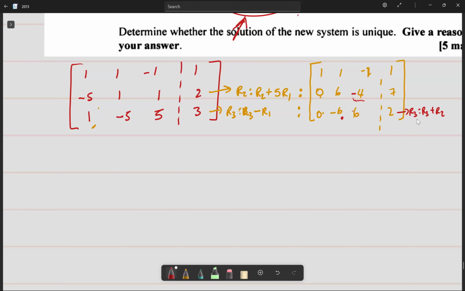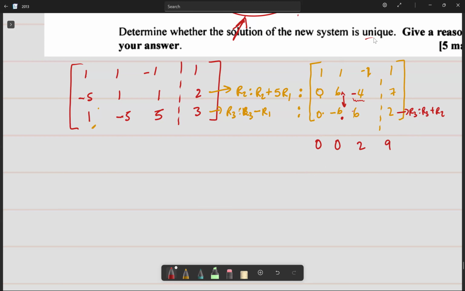So row 3 is going to be the addition of row 2 and row 3 together. Why? Because if we add row 3 and row 2 together, this is going to give us 0. So row 3 is going to become 0, 0, and then 6 plus -4 is 2. 7 plus 2 is 9.